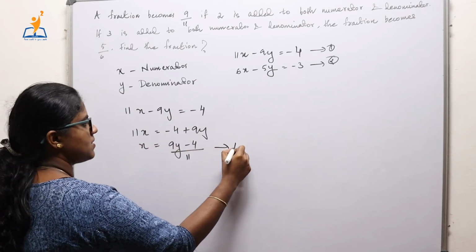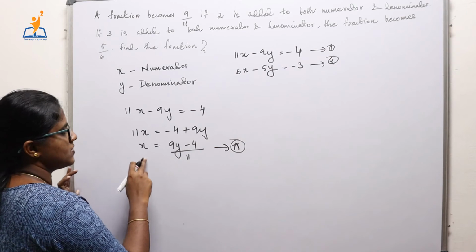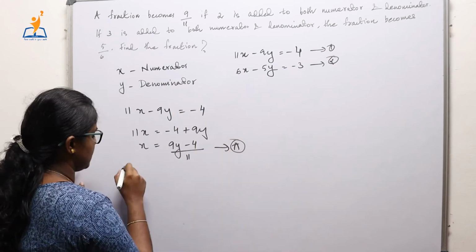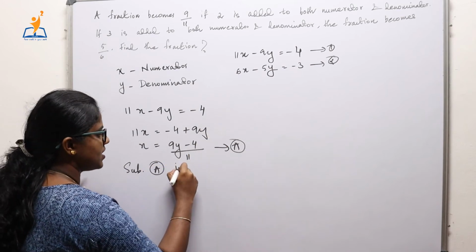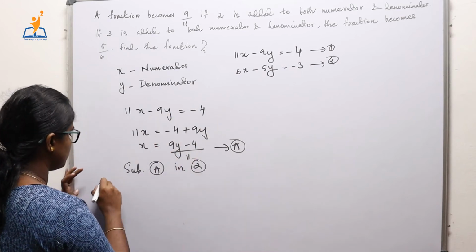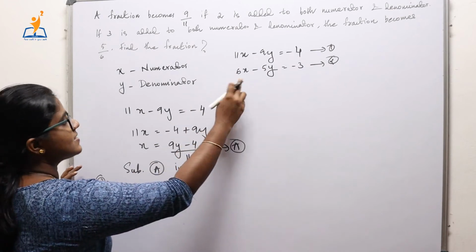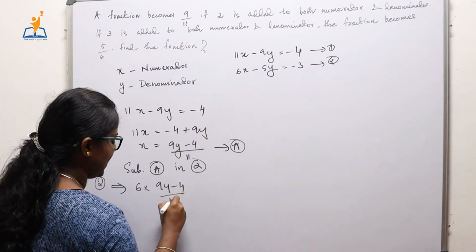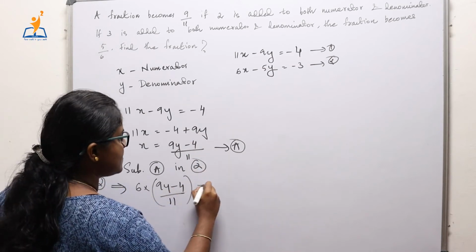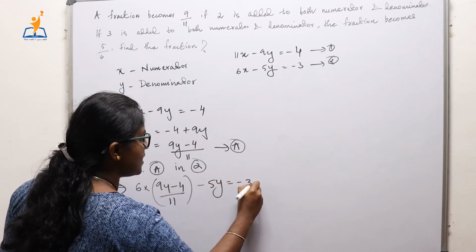This is our equation number A, and now we substitute this x value in equation number 2. Equation 2 becomes 6 into 9y minus 4 by 11, minus 5y equals minus 3.